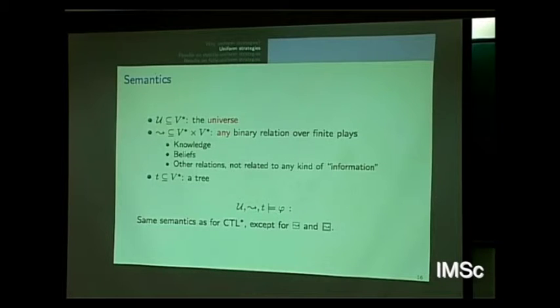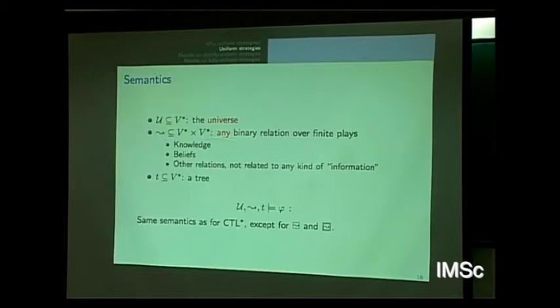So for the semantics, we need a universe that will represent the set of all possible plays in the game. So the big tree, the big unfolding. In order to give a meaning to related plays, we take a binary relation over the finite plays. It can represent knowledge, beliefs, imperfect observation. It can be something that's not really related to information, like in the game semantics for dependency logic and things like that.